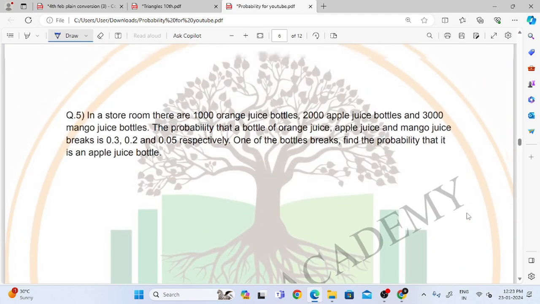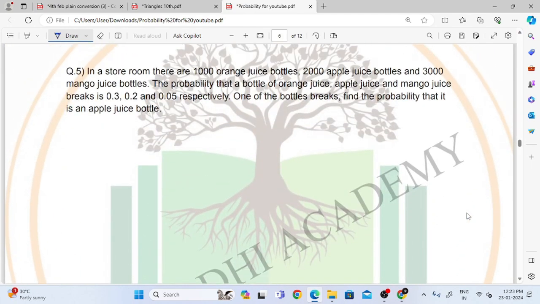Look at this question. In a storeroom there are 1000 orange juice bottles, 2000 apple juice bottles, and 3000 mango juice bottles. So in total, 1 plus 2 plus 3, that is 6000 total bottles.